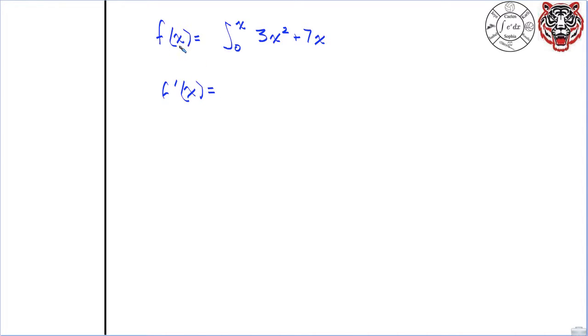When I take the derivative of f, then this integral goes away, and it just turns into 3x squared plus 7x. So when I take the derivative, it cancels out with the integral. Make sense? They kind of cancel each other out. That's the fundamental theorem of calculus.